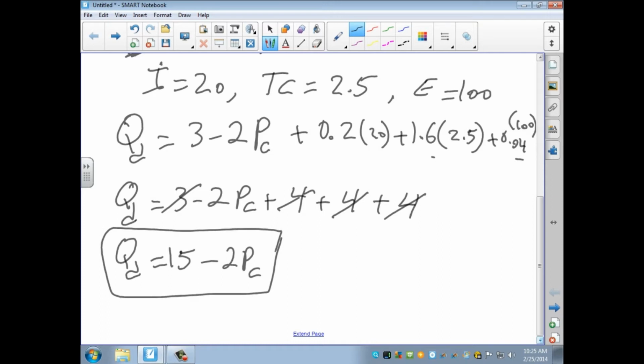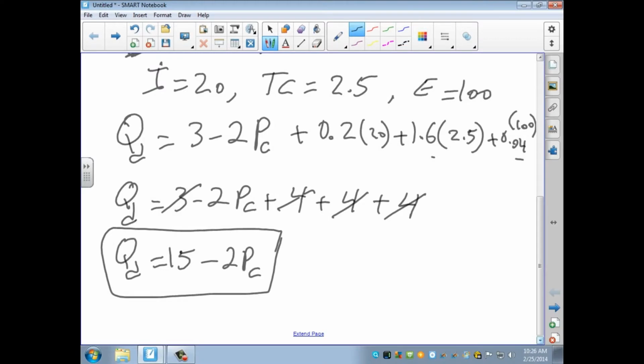So what we have here now is quantity demanded as a function of only one variable, and that is price of copper. So quantity demanded for copper is only a function of price of copper, because we assume all the other variables, income, telecommunication index, and expectation index, all of those remain constant at the given value.